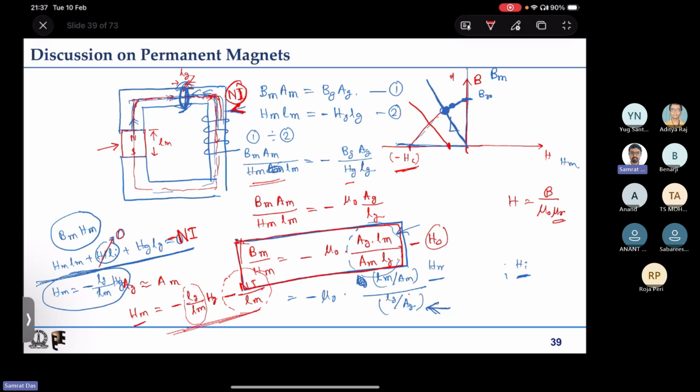So if we plot Bm versus Hm in this line, there will be an intercept on the x axis, that is nothing but this H0.